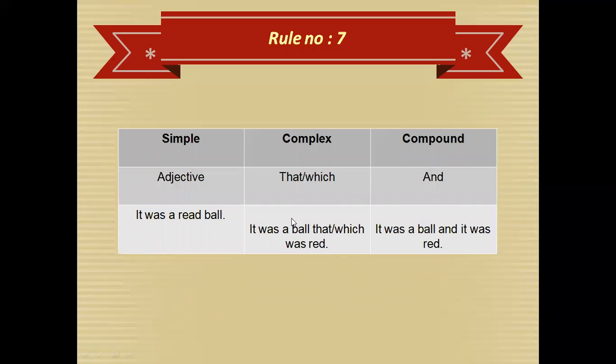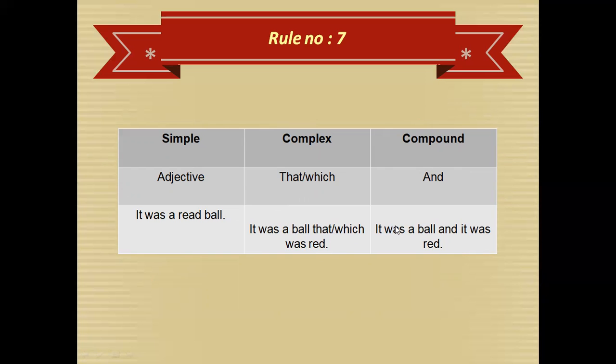So this is rule 7, that is, in simple, adjective. If the sentence is in adjective, you have to change it to complex by using that or which, then in compound, and. For example, it was a red ball. So I will change it to complex: it was a ball that or which was red.